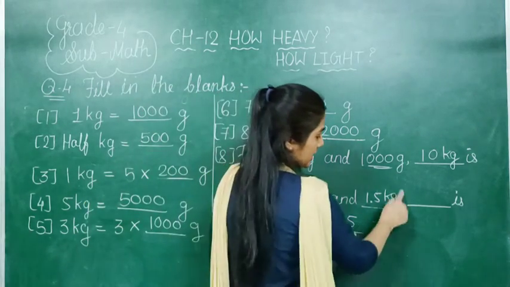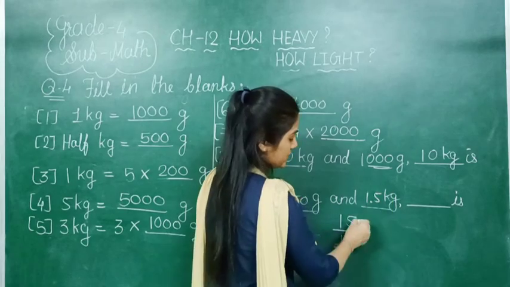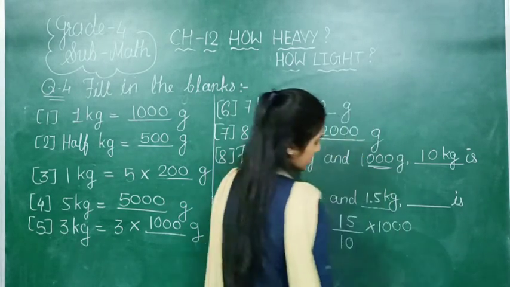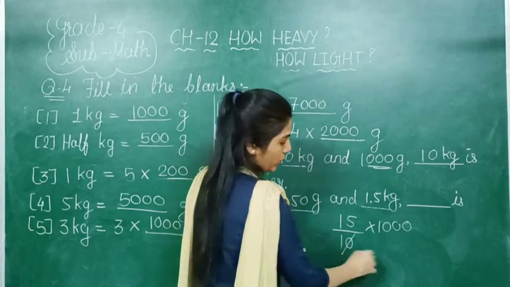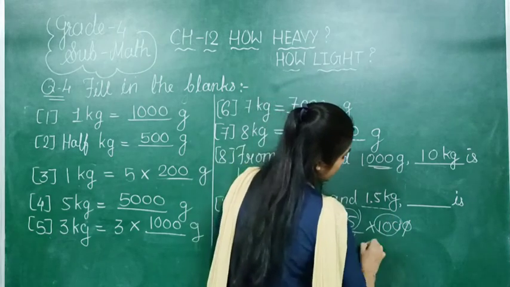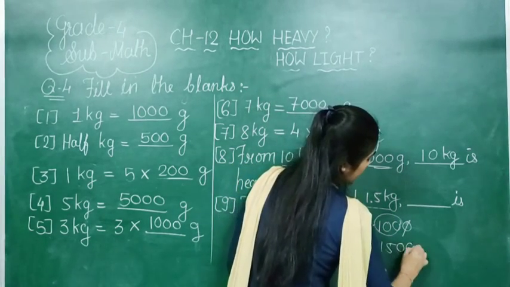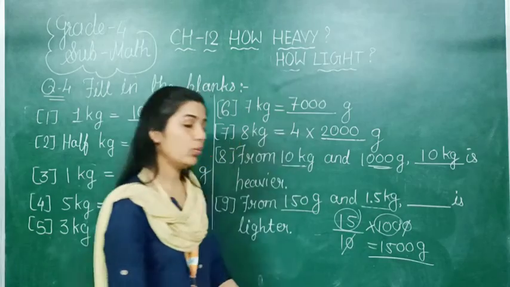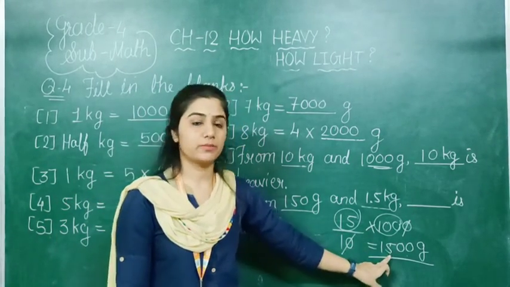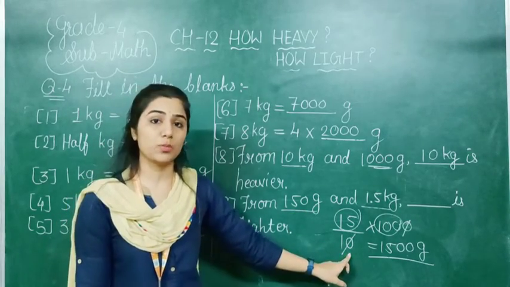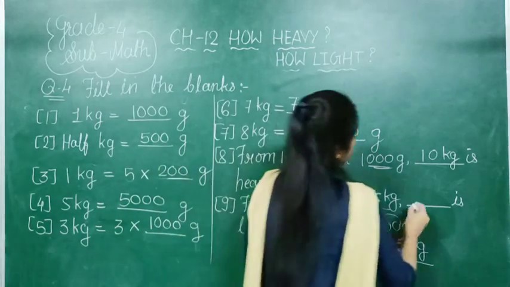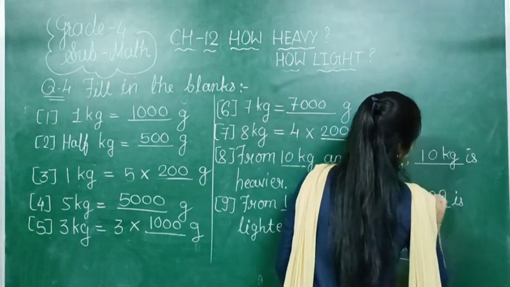Now this 1.5 is in kg, meaning this whole is in kg, so we are multiplying with 1000. Now this 10 and this 10 will be cut. So 15 multiplied by 100 is 1500 gram. Now make the comparison, 150 gram and 1500 gram. Which is light in weight, which is small? Obviously this 150 gram. So 150 gram is your answer.